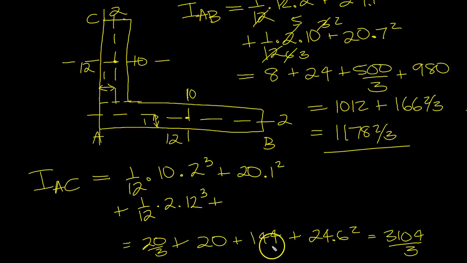Plus, okay, so that looks like 288 there. So plus area, and this one is 12 times 2 is 24, times the distance is 6 squared, which is 36. So it looks like this 12 over that squared is 144, 288 here.